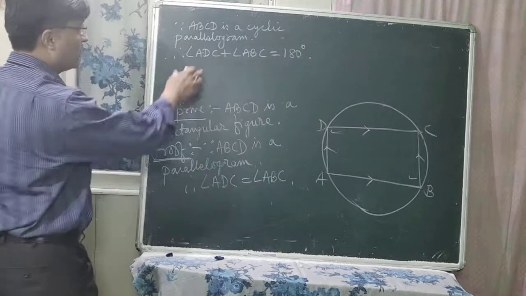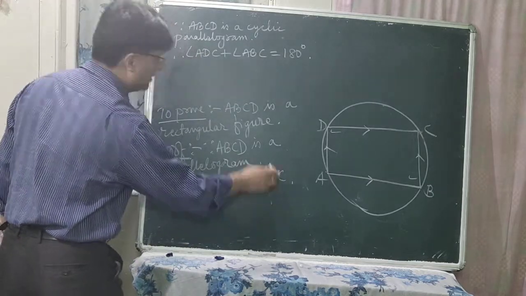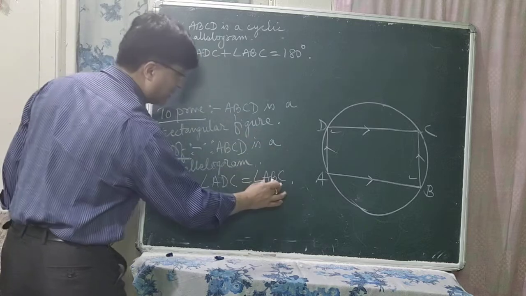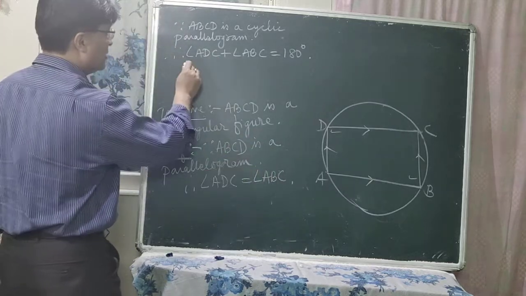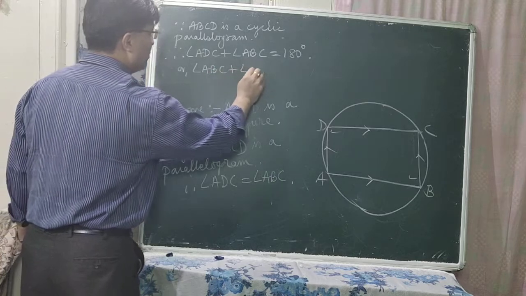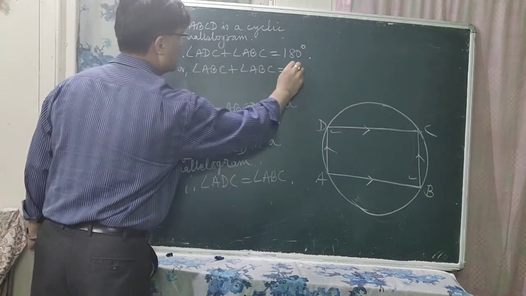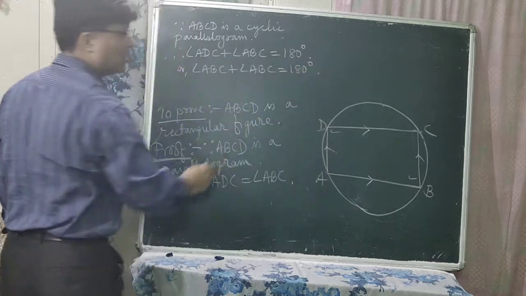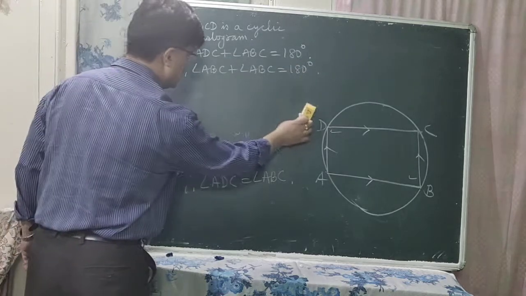So again, angle ADC is equal to angle ABC. So instead of angle ADC, we can write angle ABC from there. So here you write angle ABC plus angle ABC is equal to, what is it? It is 180 degrees, right?